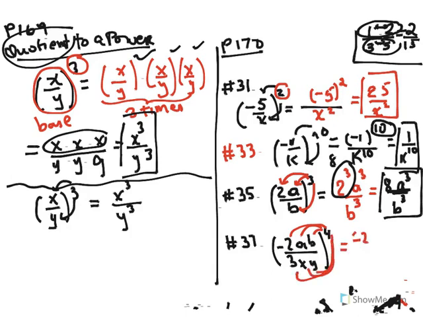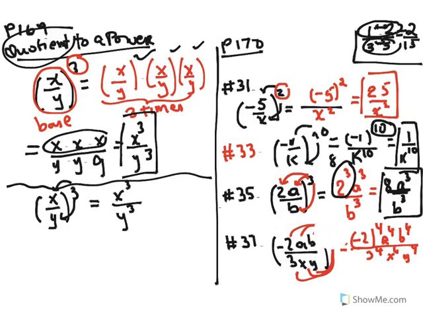So it's going to be (-2) to the fourth, a to the fourth, and b to the fourth, divided by 3 to the fourth, x to the fourth, and y to the fourth. Okay? It looks complicated, but really it isn't. Really what you are doing right now is you are basically distributing the 4, distributing the 4, right, into each one of these factors.